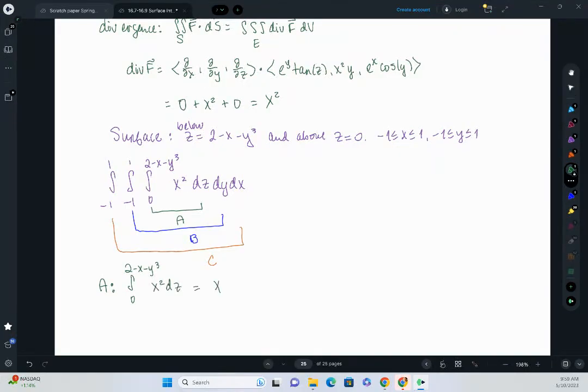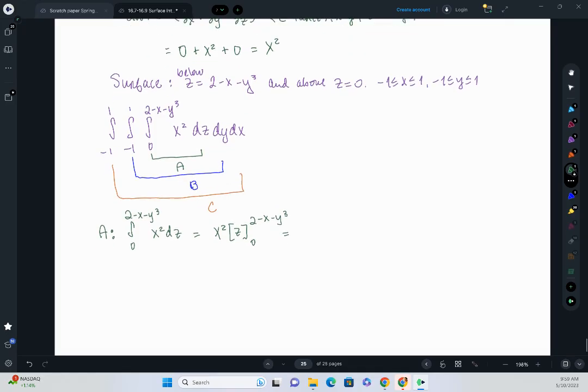So this just gives me x squared times z. And z is going from 0 to 2 minus x minus y cubed. So I get x squared times 2 minus x minus y cubed. The 0 gives me no contribution. So this simplifies to be 2x squared minus x cubed minus x squared y cubed.